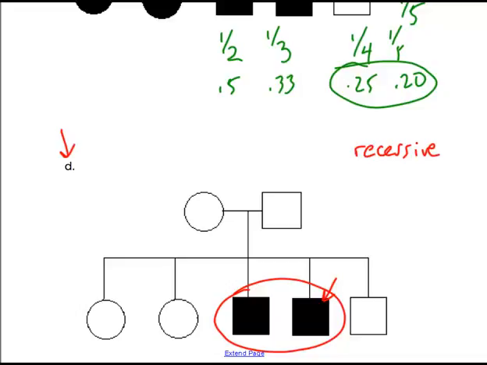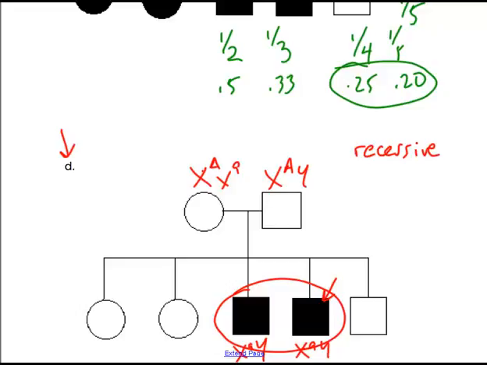We know the parents would have to be carriers to the extent they can be, right? If it's X-linked, that means the mother would be X big A, X little a, because these guys have to have X little a and Y, right? Since we know it's recessive. If it's sex-linked, the father, not being affected, has to be like this, right?